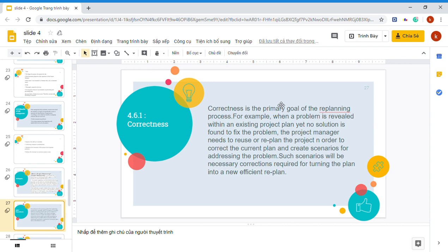Such corrections are necessary for turning the plan into a new, working plan.